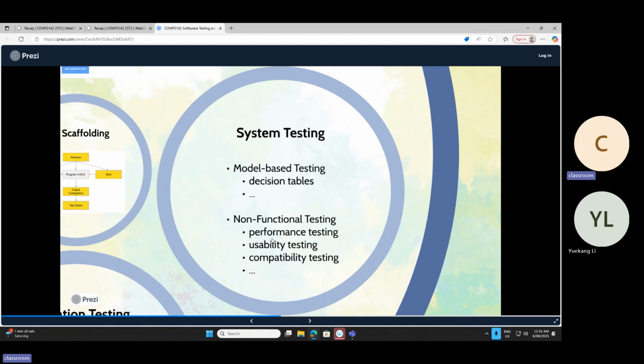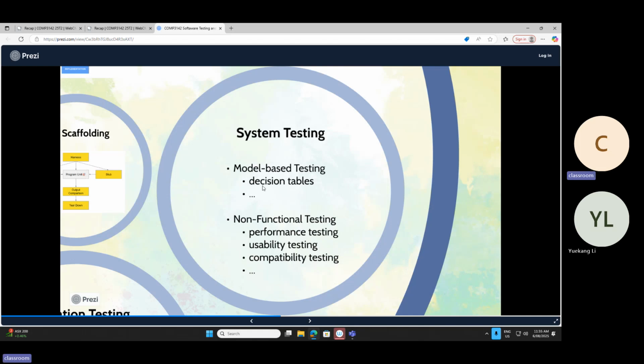And a typical model we have learned is actually the decision tables. And there are also some other types of models like the finite state machines, right? So that's about model-based testing.